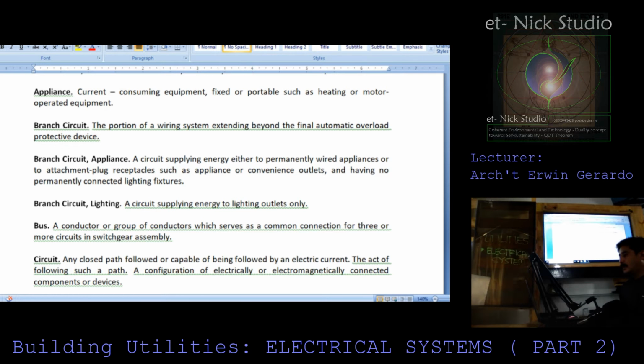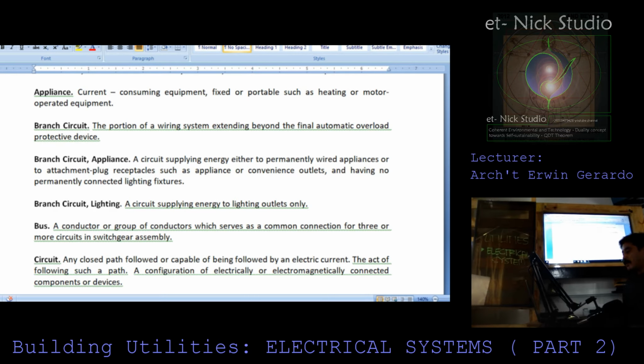Appliance, current consuming equipment, fixed or portable, such as heating or motor operated equipment. Branch circuit is the portion of a wiring system extending beyond the final automatic overload protective device.